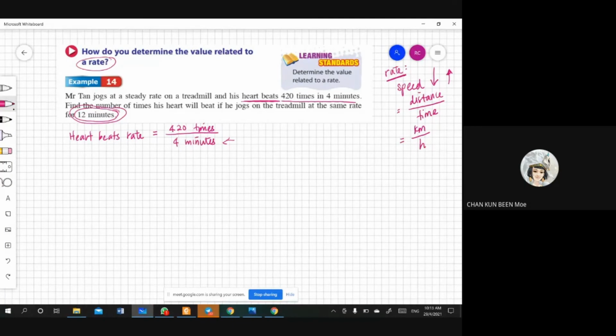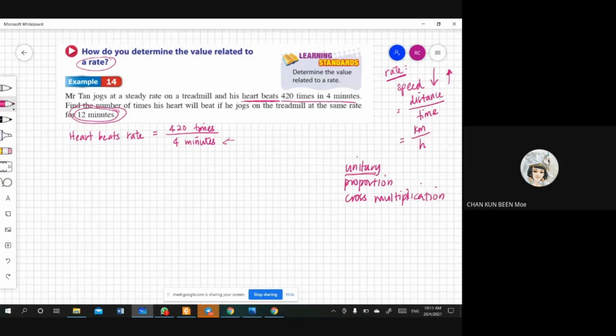I repeat again, you have learned the unitary method, you have learned the proportion method, you have learned the cross multiplication method. So any of the method can be used. Now, in the earlier example, we have tried out the unitary method a few times, right?